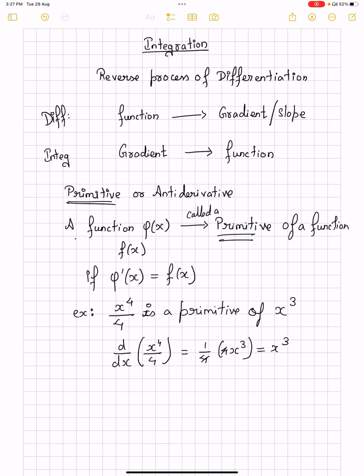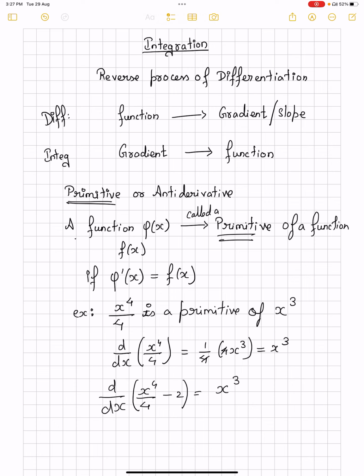Now let me give you one more example. Take d by dx of x to the power 4 by 4 minus 2. When you differentiate, you would get the same x cubed: 1 by 4 into 4x cubed, and when you differentiate minus 2, it becomes 0.